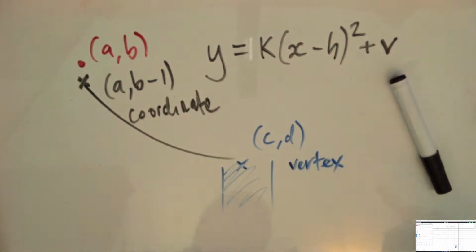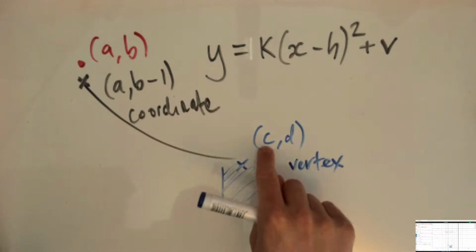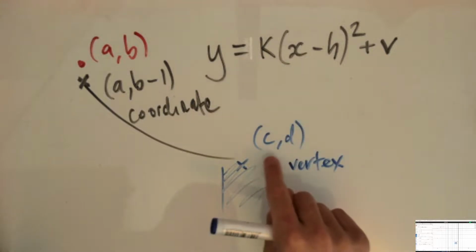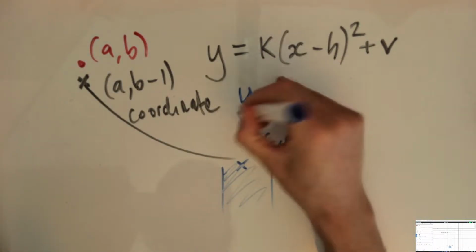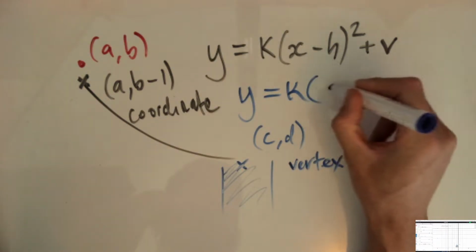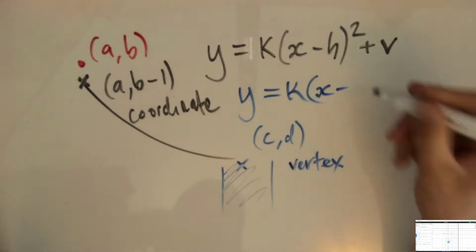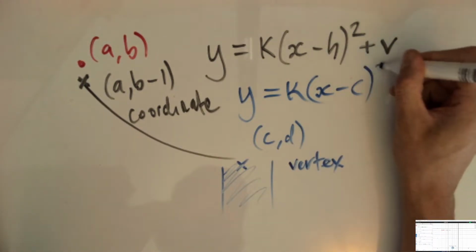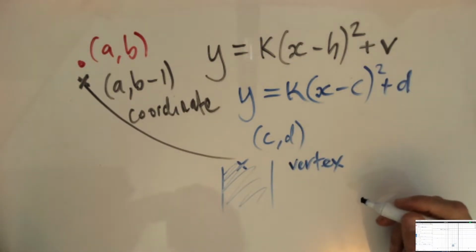So the same rules apply as before. If this is my vertex, C is my horizontal shift, H, and D is my vertical shift, V. So I can already write out my parabola as y equals k(x minus C) squared plus D. Right?